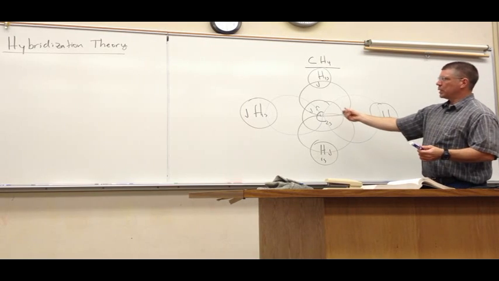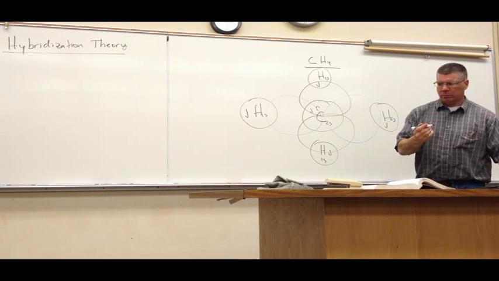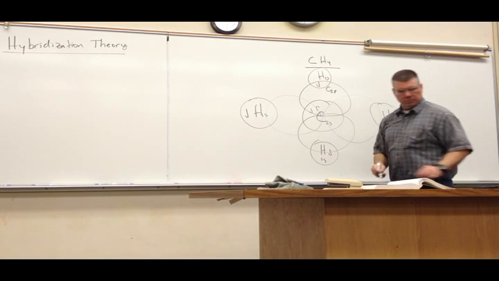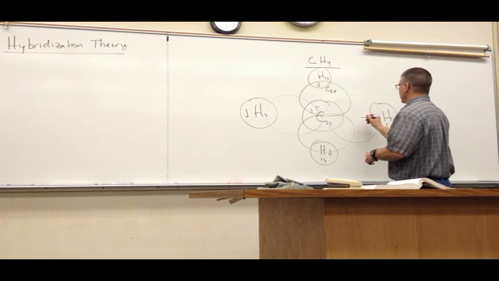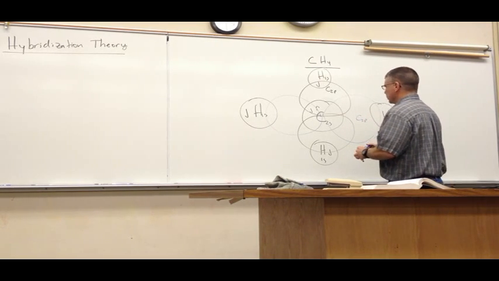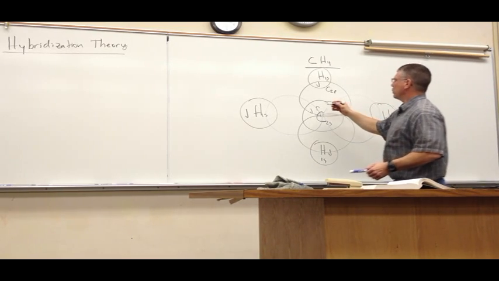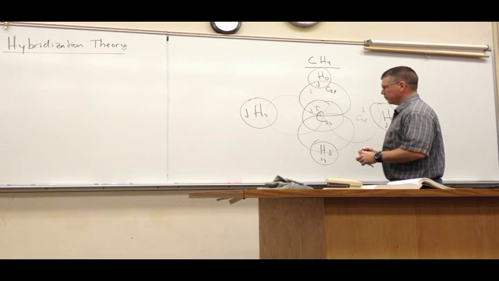The third 2p would be coming out of the board towards you and going back into the board. Picture that? And we have one electron here and one electron here.